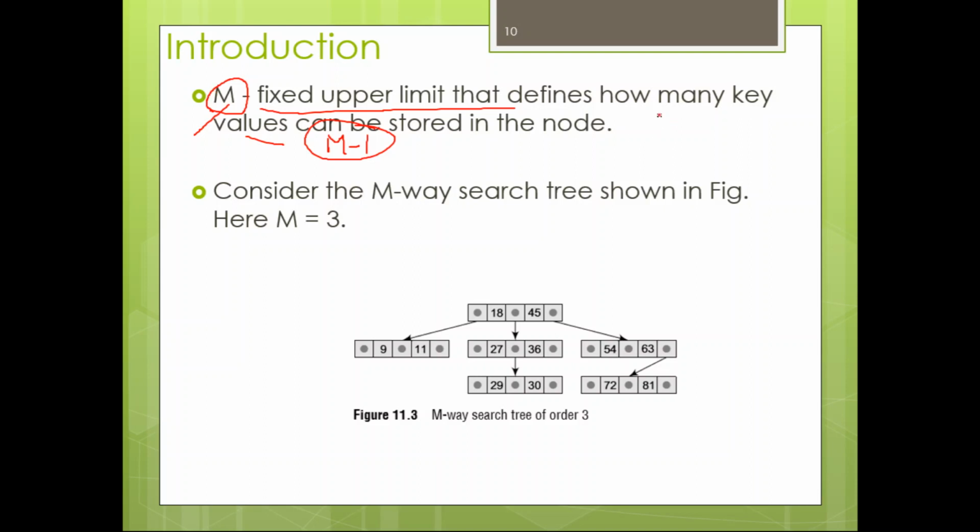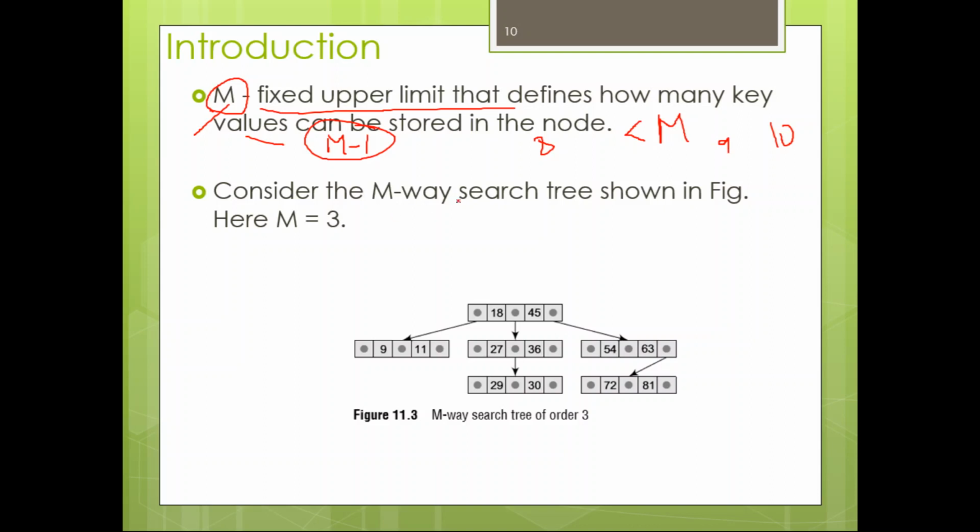So in an m-way search tree, m specifies the upper limit; the number of keys can be less than m, it cannot be equal to m. If m is 8, then the number of key values can be up to 7. If m is 10, then the number of key values can be up to 9.